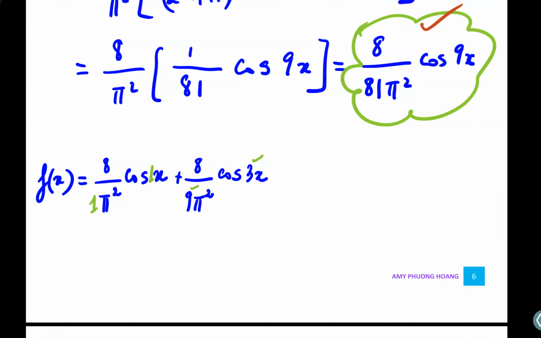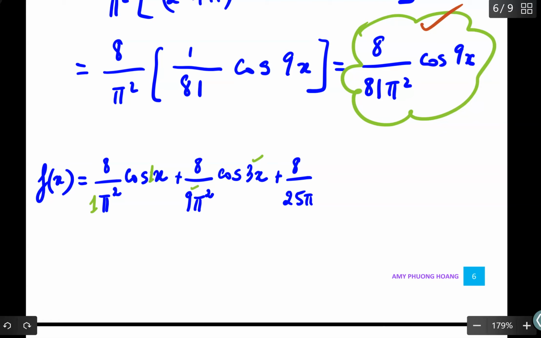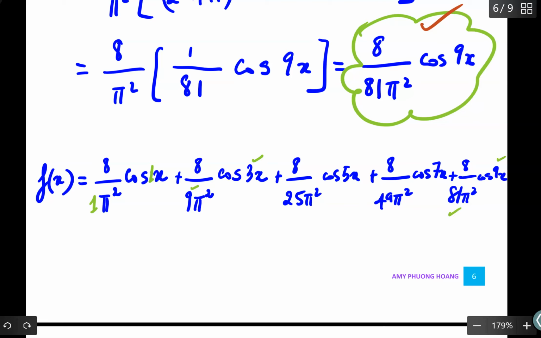The next term I should write is 8 over 25 pi square cos of 5x, then plus 8 over 49 pi square cos of 7x, plus 8 over 81 pi square cos of 9x. So now you notice this is the square of 9, the square of 7, and the square of 5.